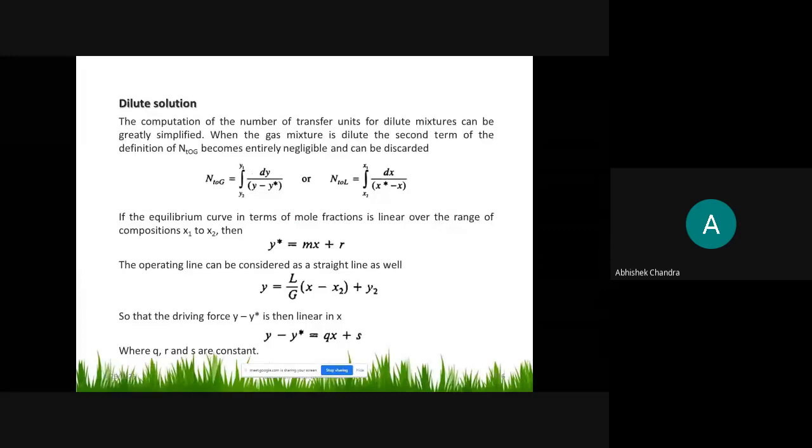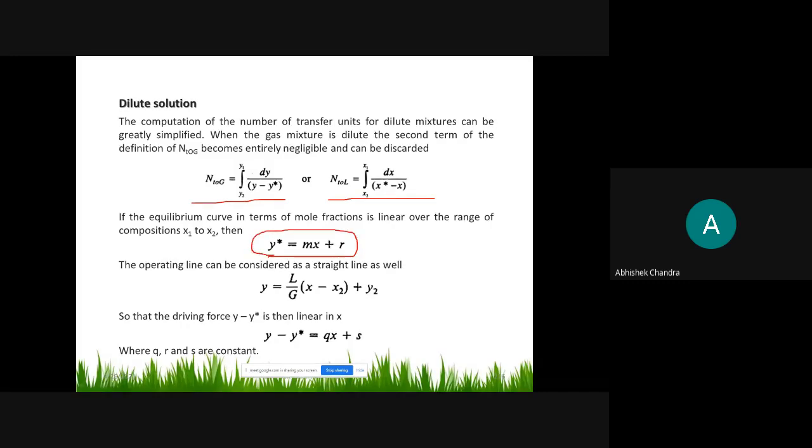So this term, and the equilibrium curve in terms of mole fraction becomes linear, because in the dilute solution case it is linear within this range, and it has an intercept. But if we talk about the dilute solution following Henry's law, this intercept vanishes, because in that case the equilibrium curve passes through the origin.